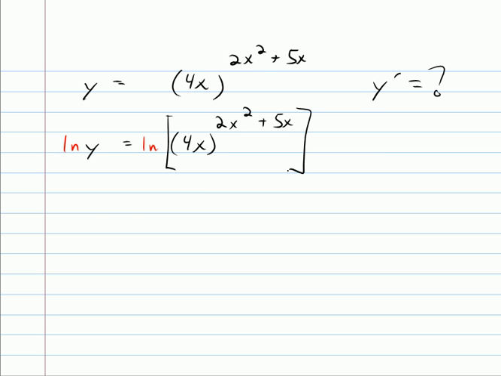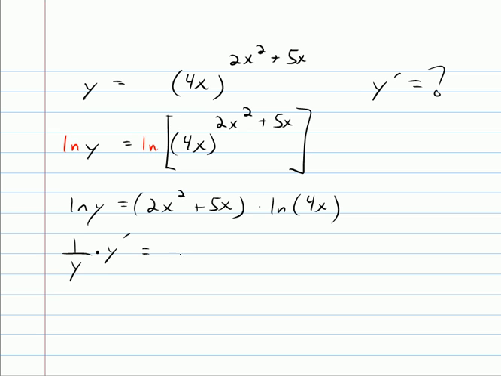So this is going to allow us to rewrite the right-hand side: 2x squared plus 5x times the natural log of 4x, just properties of logarithms. No calculus yet, but the next step we're going to take the derivative of both sides with respect to x. So since you're taking it with respect to x, natural log of y will turn into 1 over y times y prime.